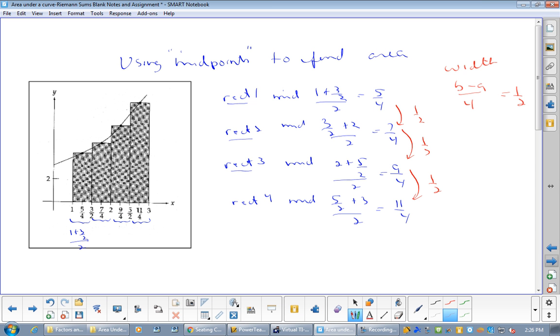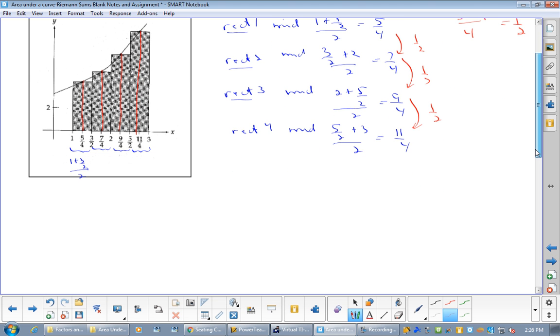Okay, now here are going to be our heights. So those are our heights, so let's find those out. For rectangle 1, we're going to put (5/4)^2 + 2 = 57/16.